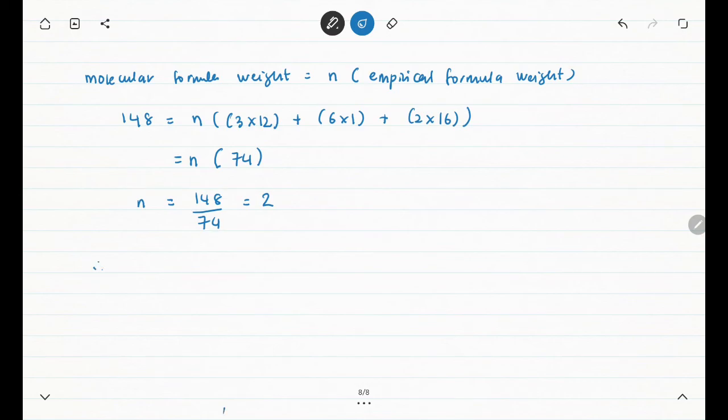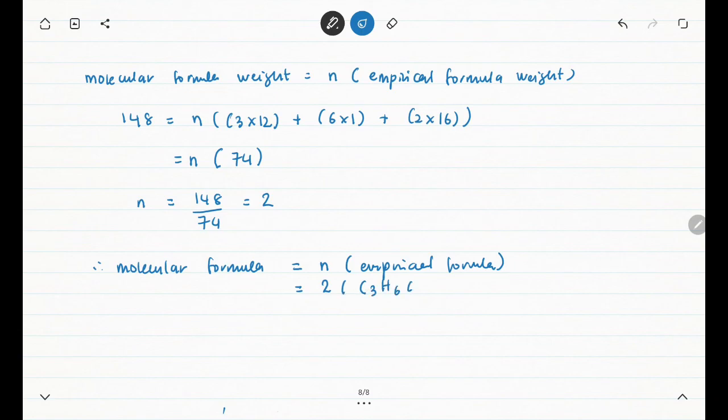So the molecular formula is n times the empirical formula, equals 2 times C3H6O2.